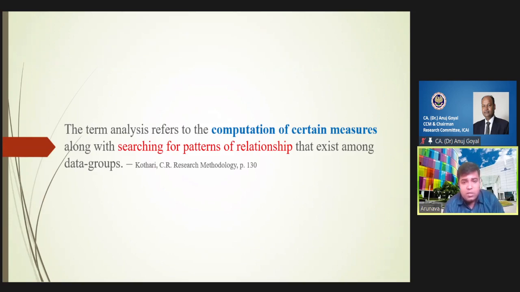The term analysis refers to the computation of certain measures, along with searching for patterns of relationship that exist among data groups. So two important keywords here are computation of the measures and searching for the patterns of relationship. The computation and searching for patterns will help us to build up the story, right? So data analysis this way is going to help us provide a story regarding the data that we are analyzing.